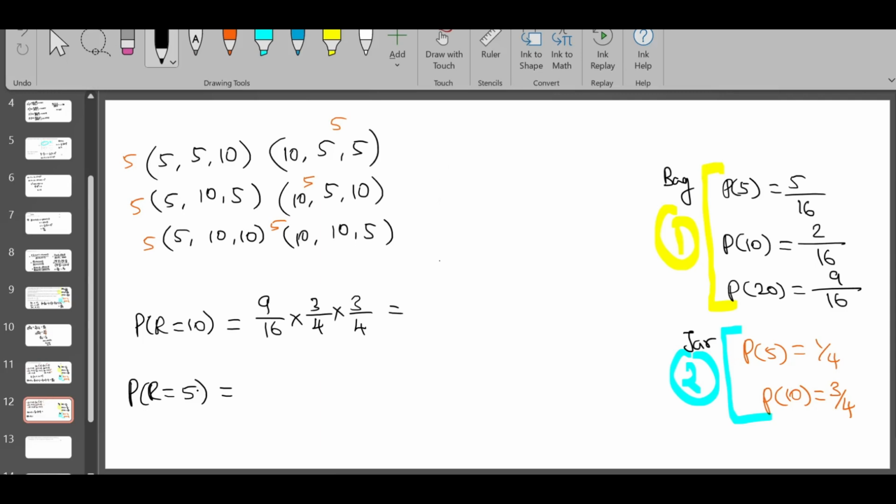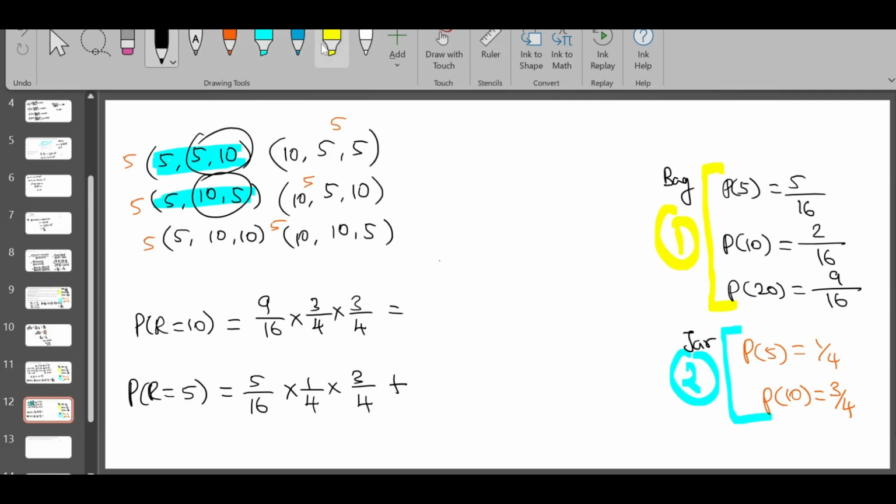The rest, 6 combinations of 5. So look for similar combinations with the first 5. These 2 are similar combinations, right? The first one is 5 from the bag, so 5 over 16 times the 5 and 10 are coming from the jar. 1 over 4 times 3 over 4 plus.